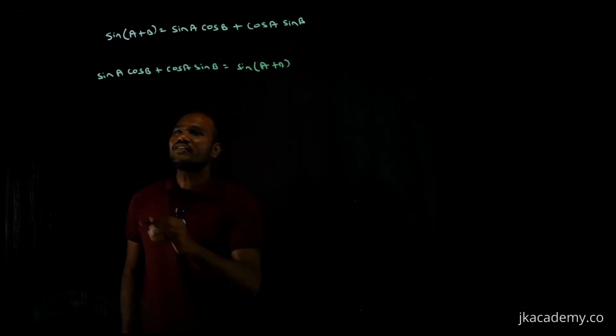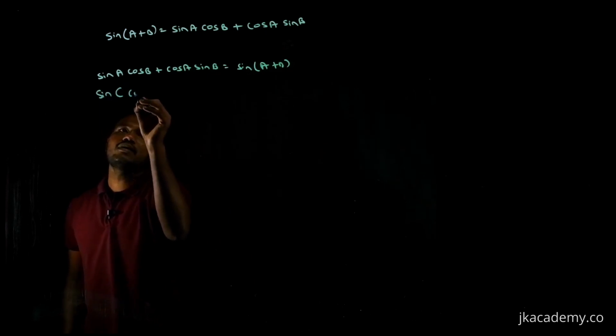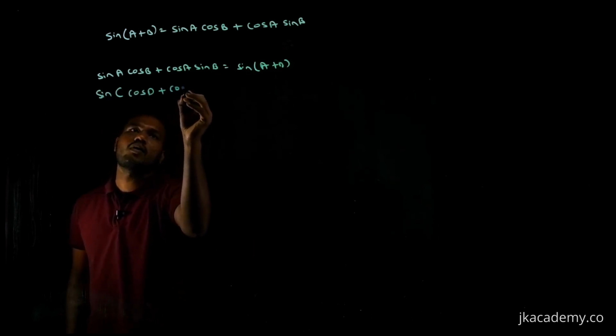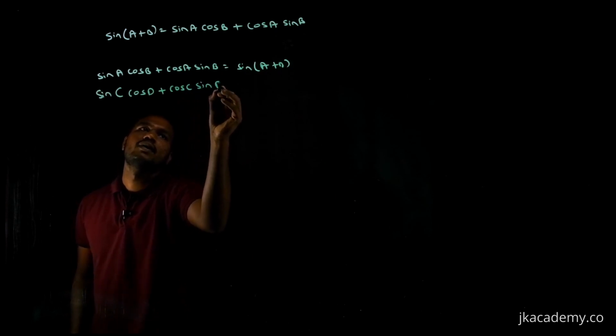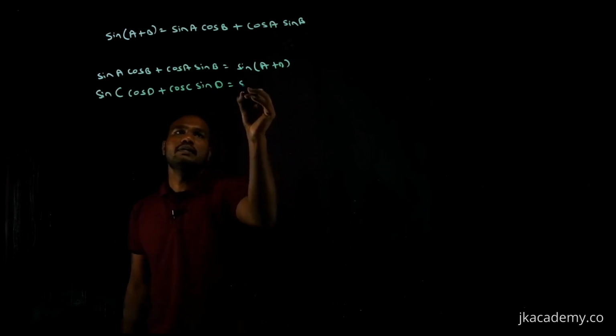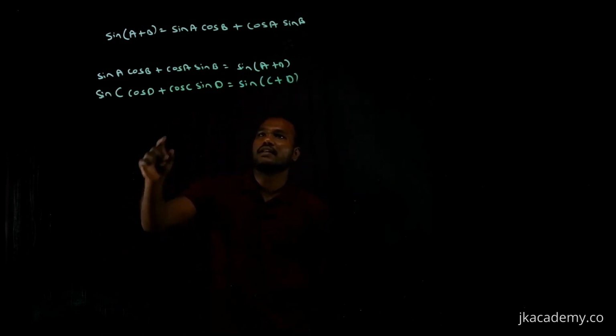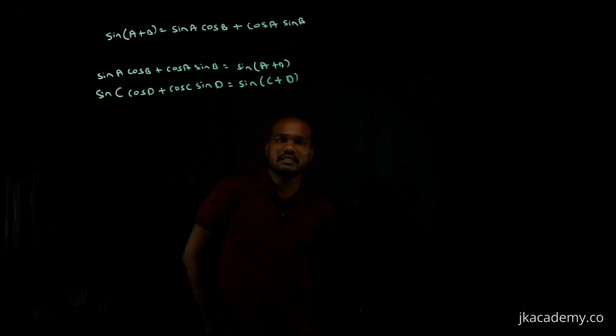Is that cool? So if I take the same formula, if I replace A with C, sin C cos D plus cos C sin D, what will happen to this? It will become sin of C plus D.